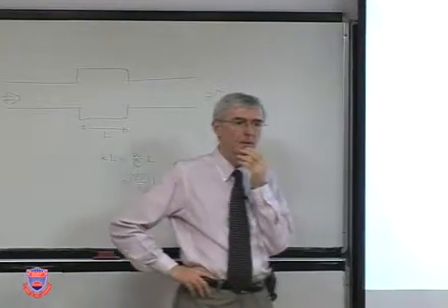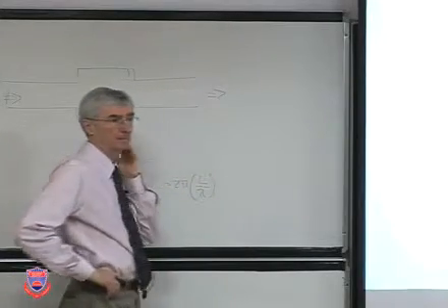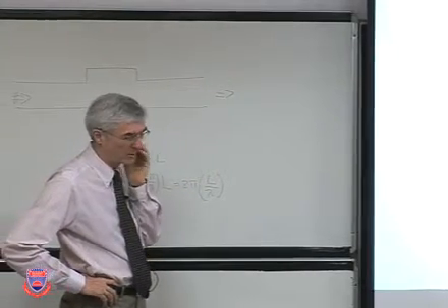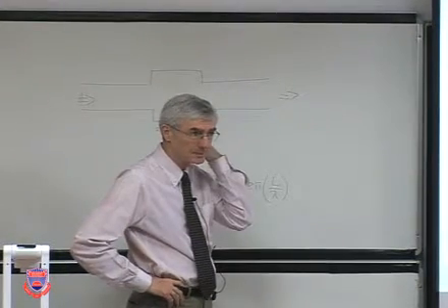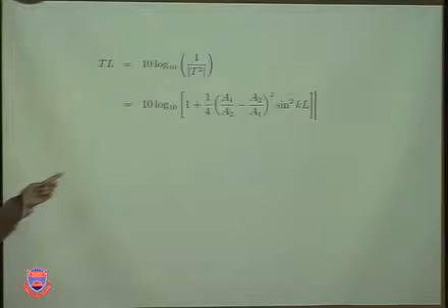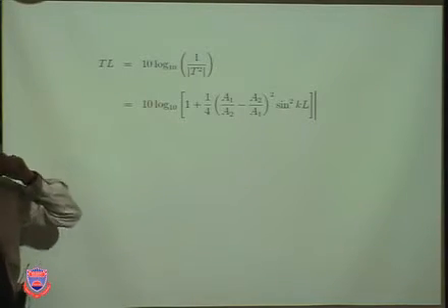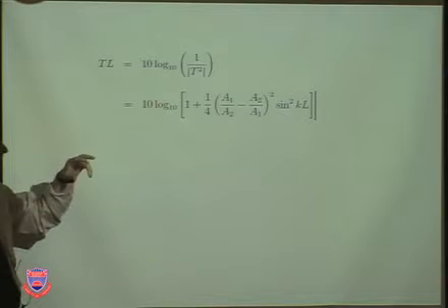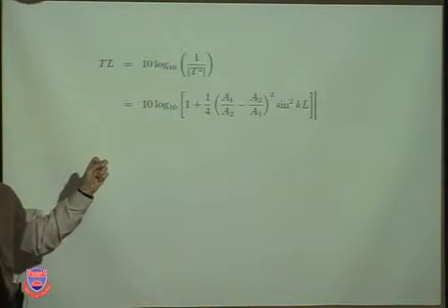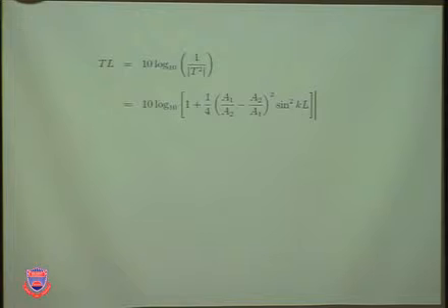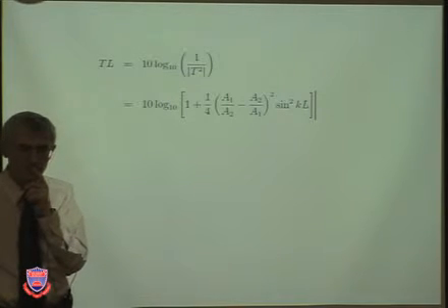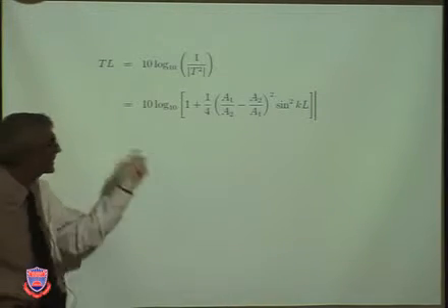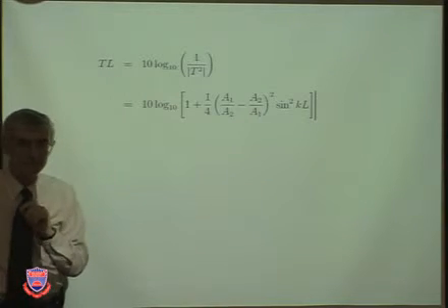Okay? Our purpose is to make the transmission loss maximum, right? Send all the sound back. When you have a quick look at this, for a given area ratio, what makes the transmission loss maximum? Quickly. What makes this value maximum?